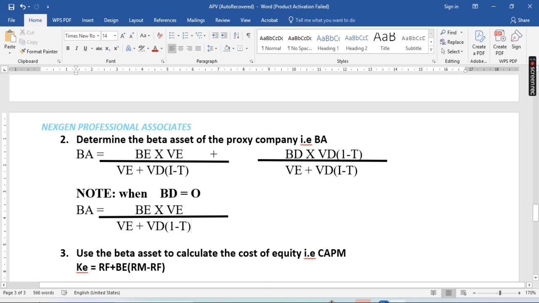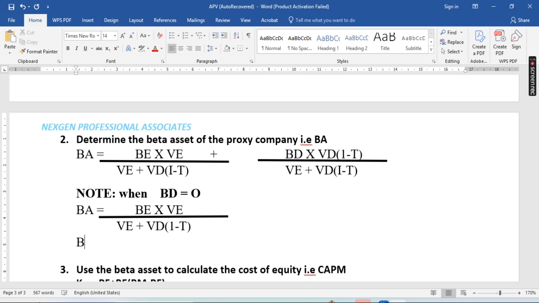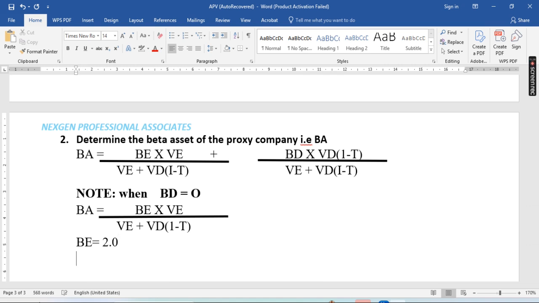Now, BE is equal to 2.0, right? Now, VE is the market value of equity. Please go to YouTube and check risk-adjusted cost of capital so that you will understand this better.